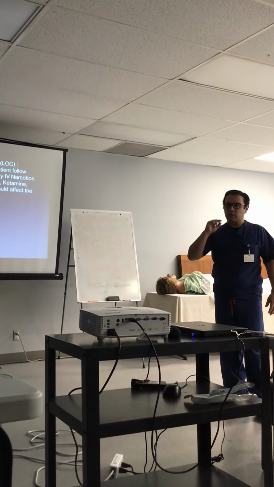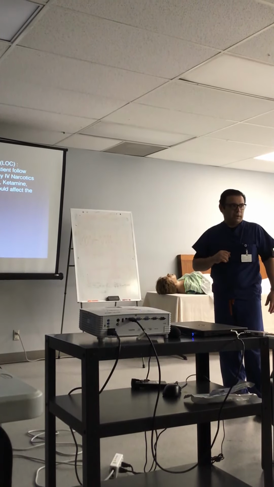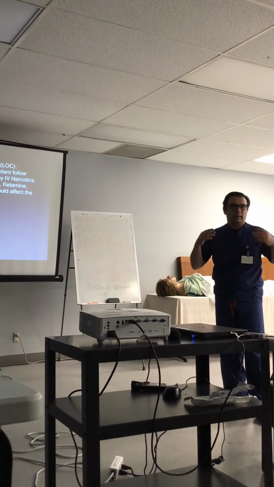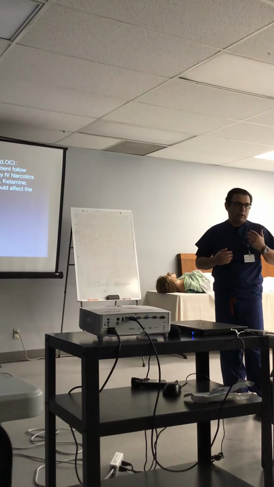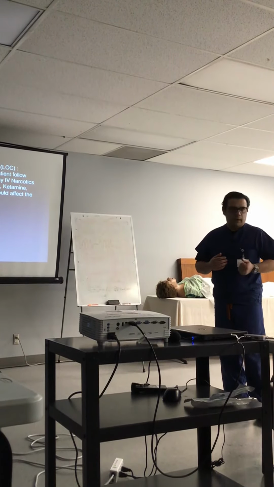These are the two most common. Then the third most common cause, especially in older people, in frail, debilitated older patients, is infection, an unknown infection. So a UTI or a pneumonia.